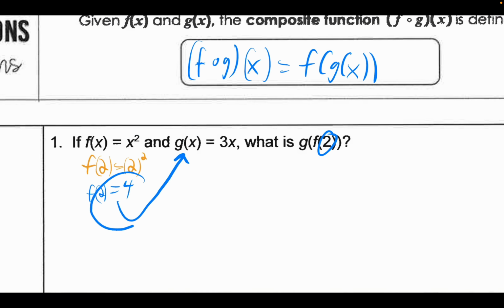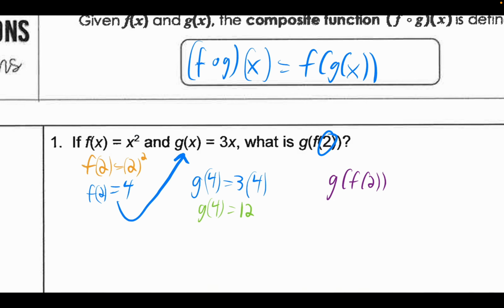Instead, we take the work that was already done and continue that work by doing g of 4 equals, and then plugging 4 in, 3 of 4, or 3 times 4 rather. Well, I guess of and times are the same thing in this scenario. But 3 times 4 is 12, so g of 4 is 12. This now means that g of f of 2 is equal to 12.